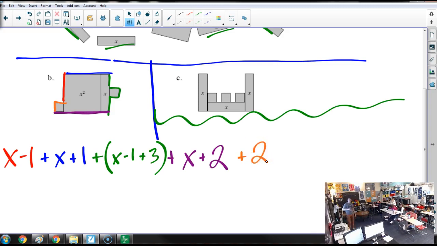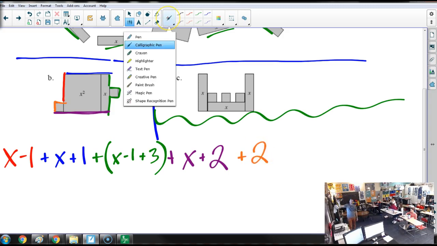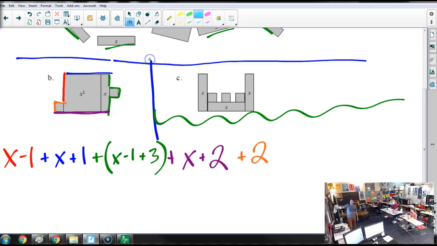Combine all your like terms. So, x, x, x, x. How many x's in total? 4. Even though this wasn't a whole x, it doesn't matter. I used x in my expression. I have 4 x's in the expression.